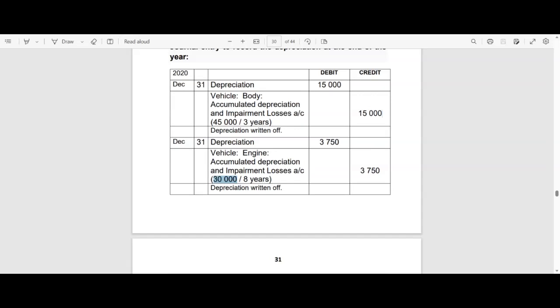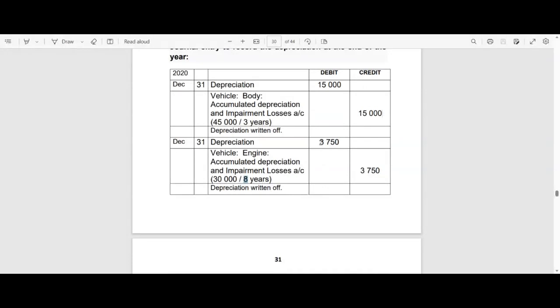And it's got an expected useful lifetime of 8 years. So we simply take the 30,000 depreciable amount divided by the number of years, which then gives us our annual depreciation. And this was actually for a full year.